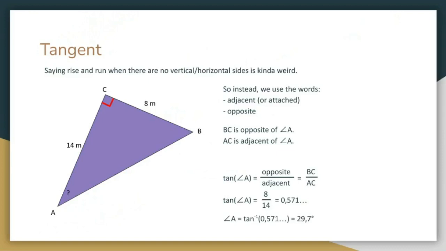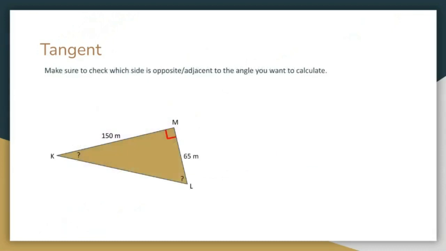Let's do another one. This is triangle KLM and I want to know how big angles K and L are. To calculate angle K, we start with the trigonometry ratio formula we're going to use. As the opposite side of angle K is LM and the adjacent side is KM, we add that to our line.